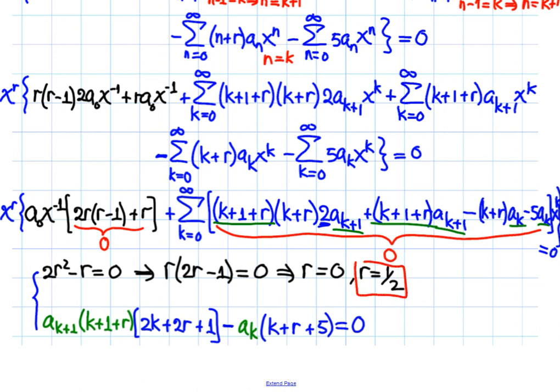The other solution will be similar. But again, now we focus on r equal to 1/2. Now we have to go to the next page because we run out of space here. And then we're going to use this second part of the equation to find the coefficients.